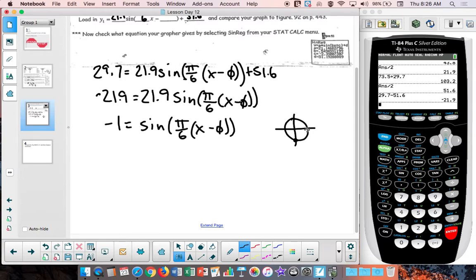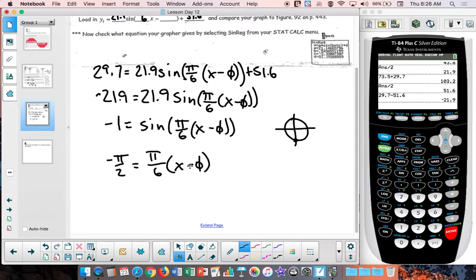So you want to go negative pi over 2 if you're going by the book. If you didn't know that, you get a graph that works, but technically, it is this. Okay, so negative pi over 2 will get you -1 for your sine value.